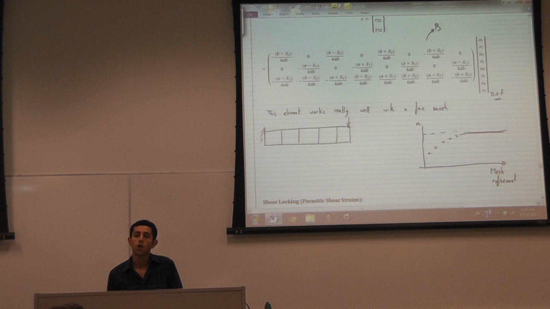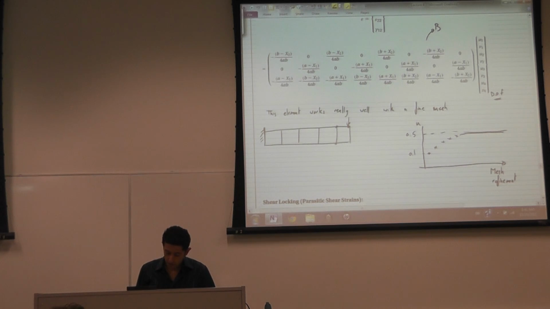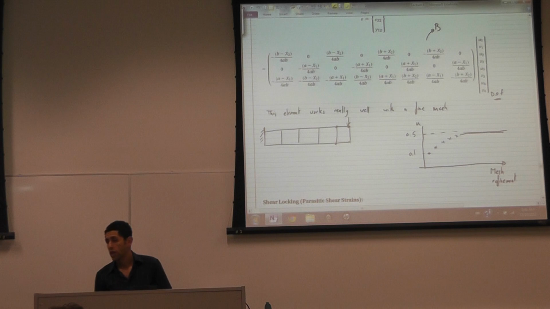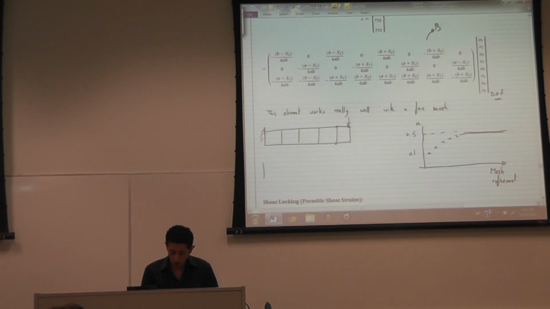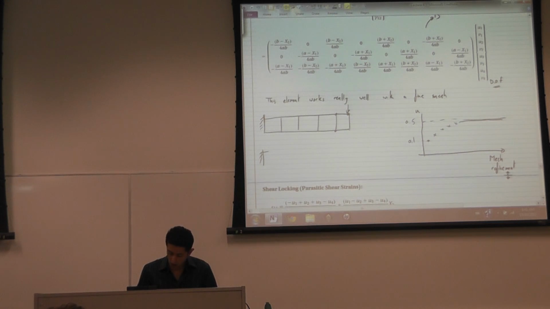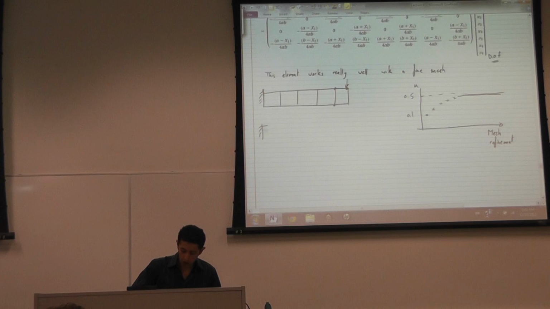It cannot deform a lot. It gives you a very small displacement when you're trying to get 0.5. Let's say you get 0.1 if you use only one element. The greater the number of elements, the closer you are to that solution, in particular for this particular type of element. So, now why is that? Now this is not necessarily true for every case, because if I'm trying to model, for example, let's just diverge for a minute.